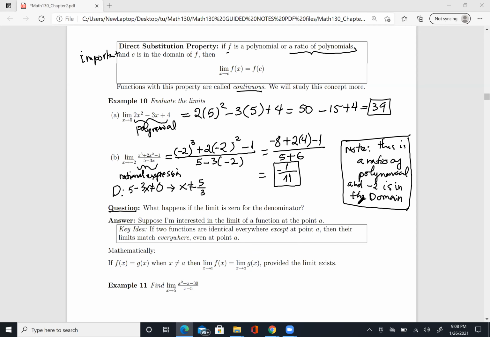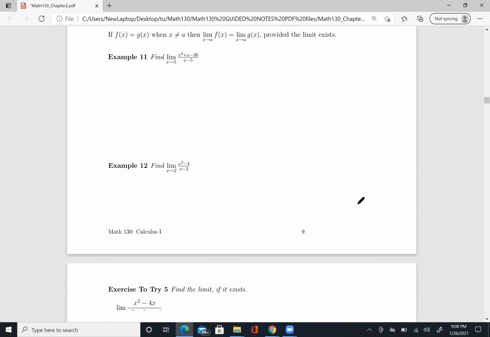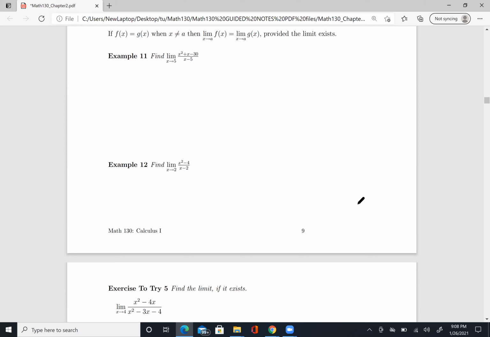So we have some problems about this topic. Take a look at example 11 here. Find the limit of (x squared plus x minus 30) over (x minus 5) when x goes to 5.